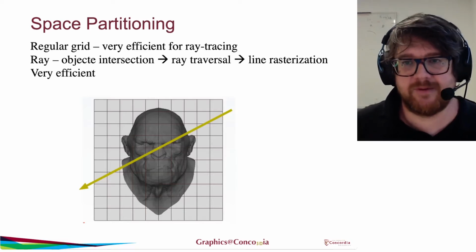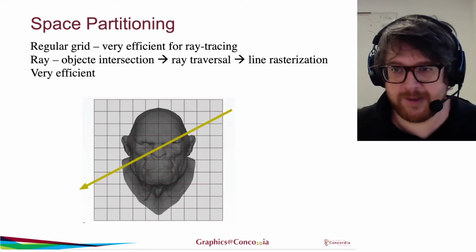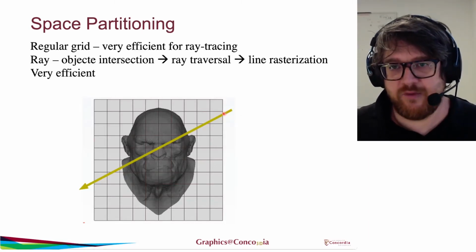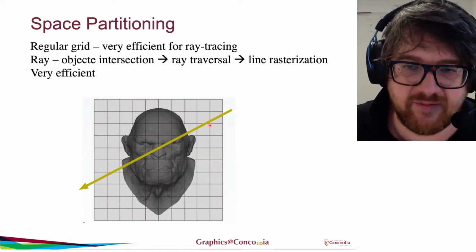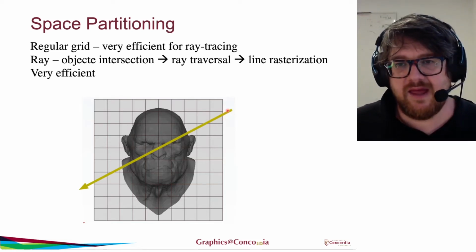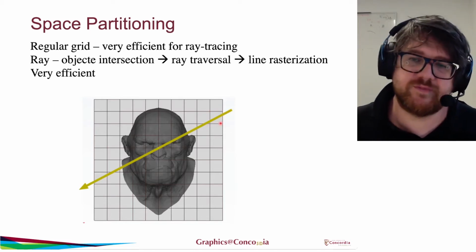For example, in this example shown here, you have a ray entering at this point into this voxel. Of course, this is a 2D example, but the same thing works in 3D. It's easy to detect, let's call them voxels or cubes.